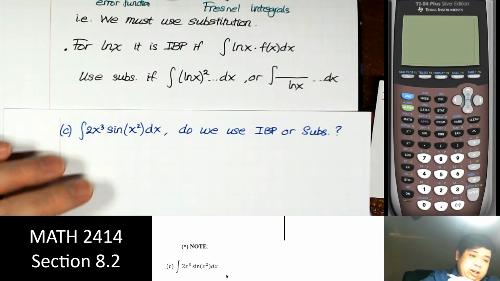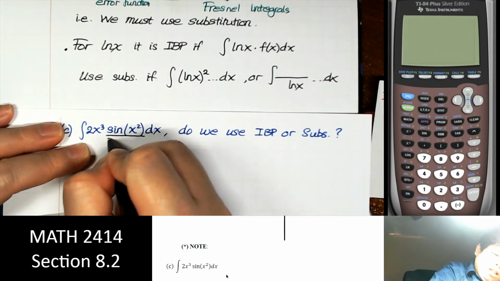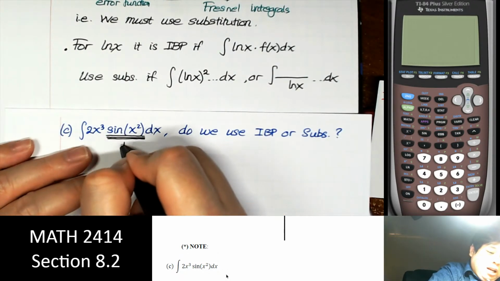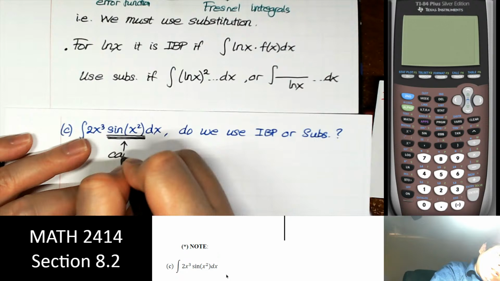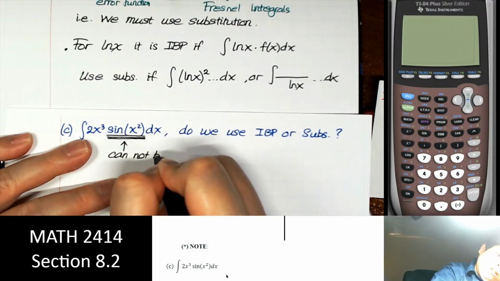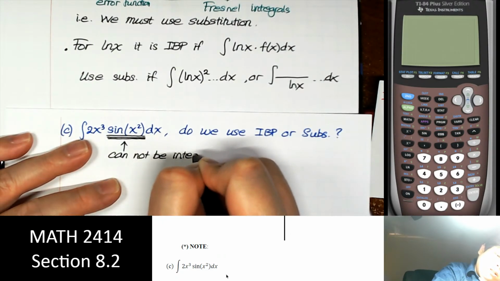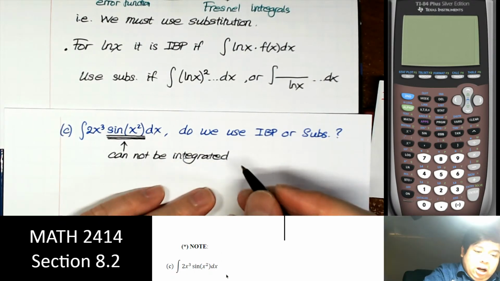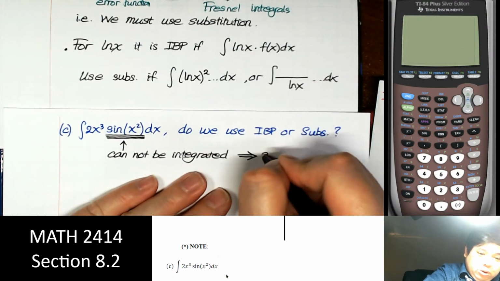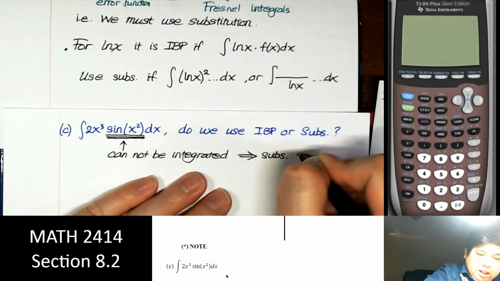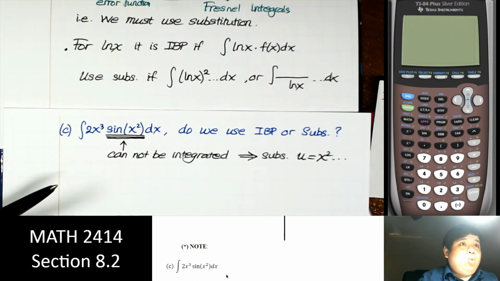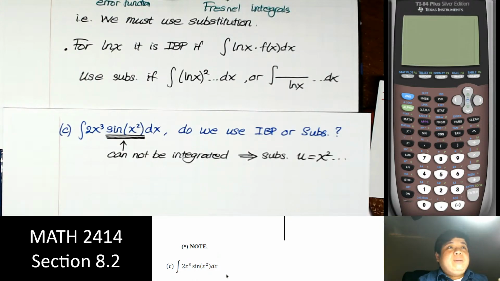So what we do here is, since we see the sine of x squared, this one cannot be integrated. So this one we use substitution, u equal to x squared, and then we continue. So actually on this one we use substitution first, and after that there will be integration by parts.